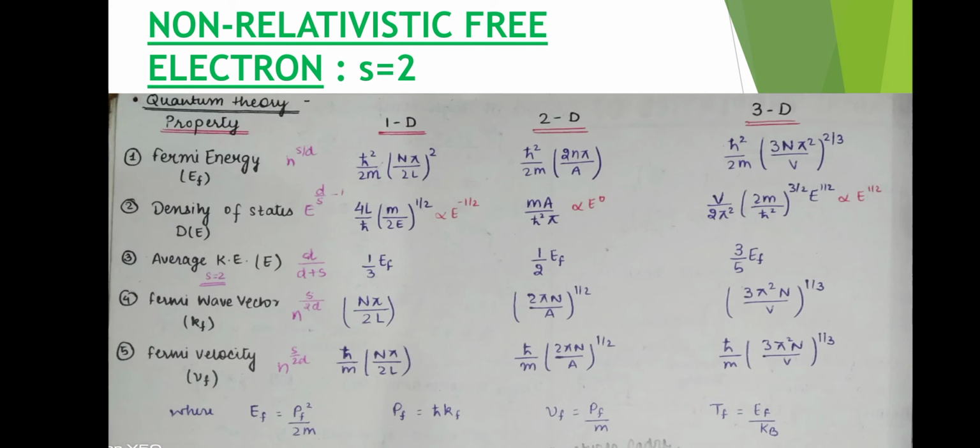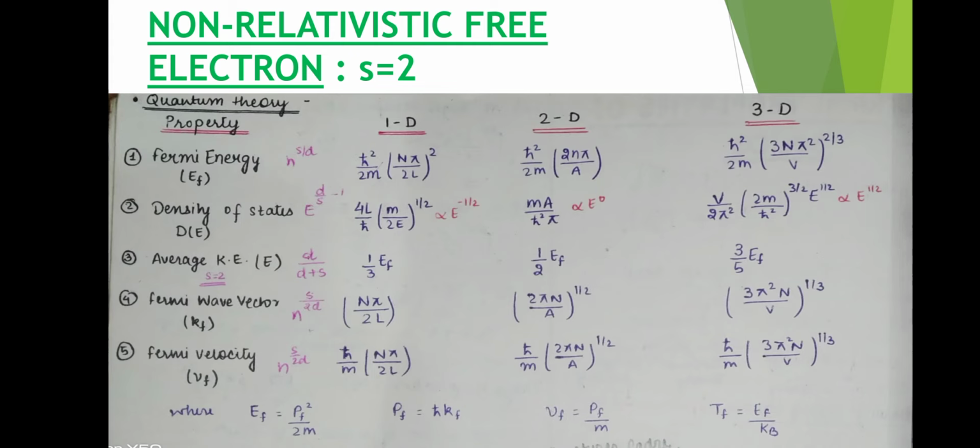So here is one more table which I think would be useful to you. For non-relativistic free electron, I have made a table on 1D, 2D and 3D cases, and Fermi energy and the formulas of various quantities. For EF, Fermi energy, the formula for 1D case is h bar square k square by 2m.